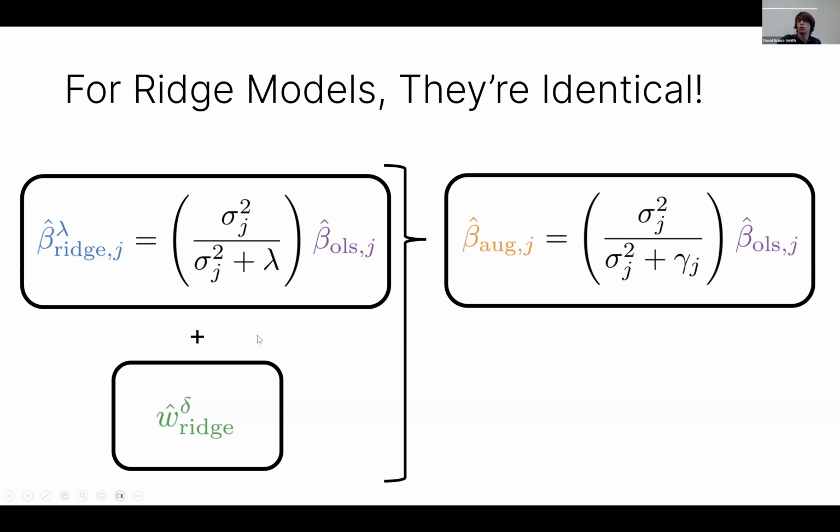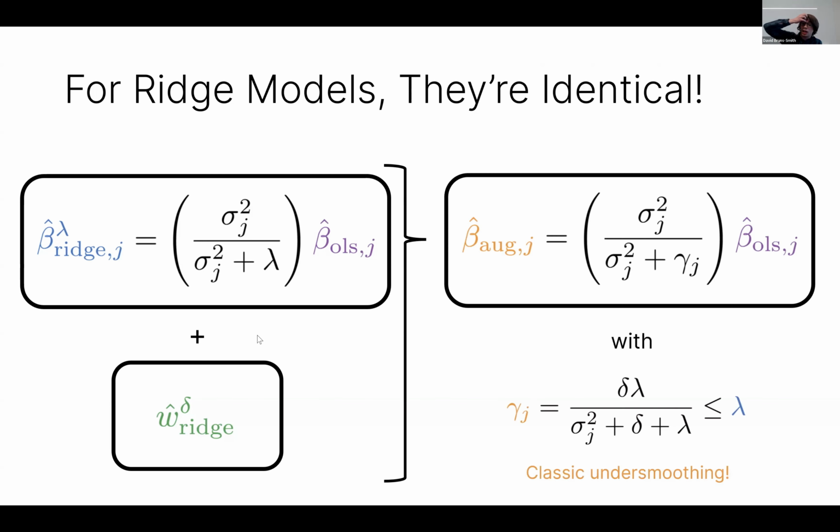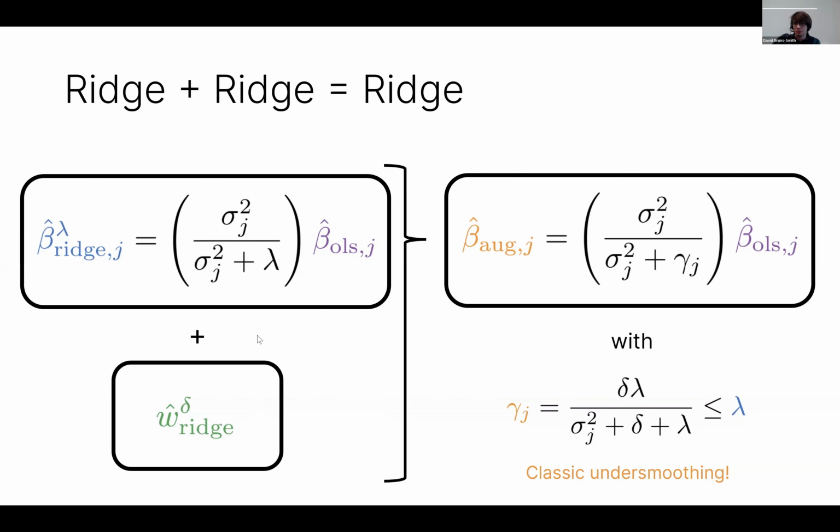So we're shrinking beta OLS, but with a new hyperparameter. So instead of lambda, we have a hyperparameter gamma. And gamma has this particular form where it's everywhere smaller than lambda. So this is just exactly classic undersmoothing for ridge regression. Our mnemonic for this is ridge plus ridge equals ridge.